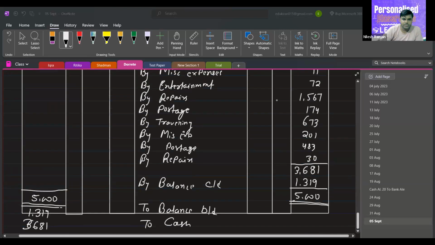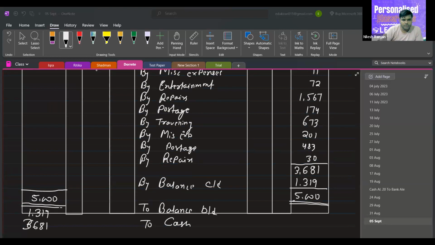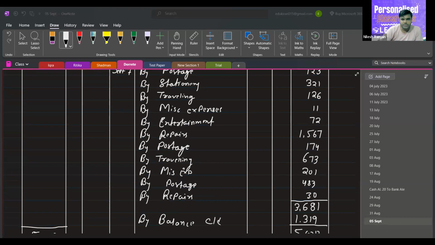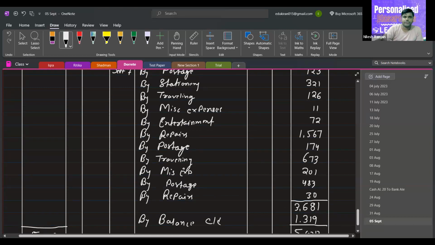Yes, it is. 322, 6, 11, 22, 167, 172, 673, 201, 483, and 30. 3,781 actually it is. 3,781.